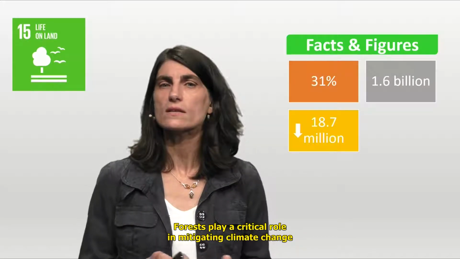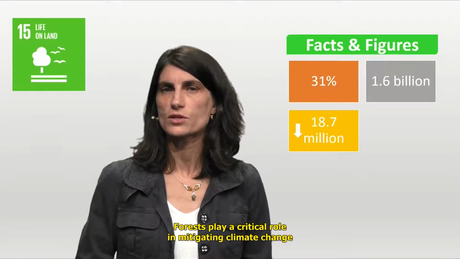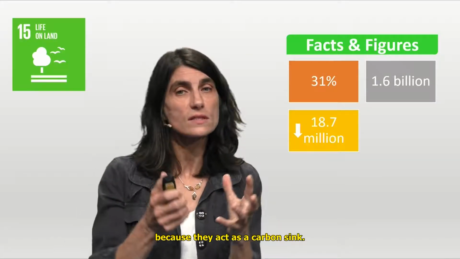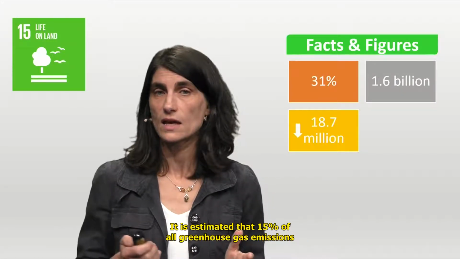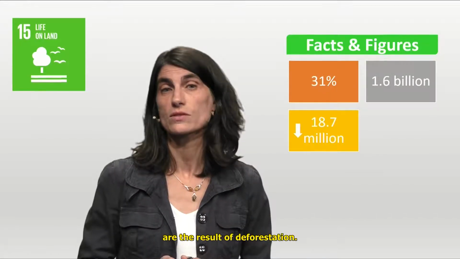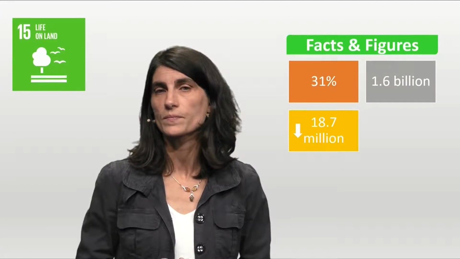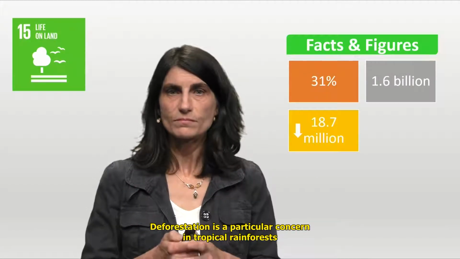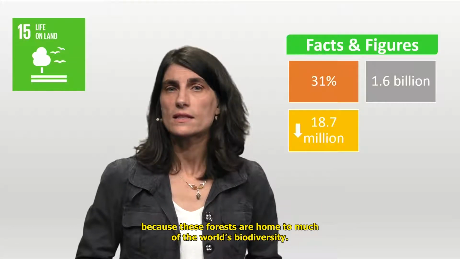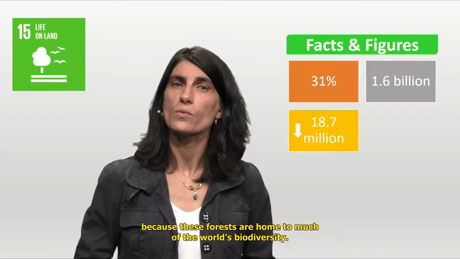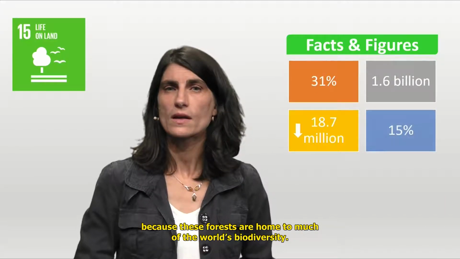Forests play a critical role in mitigating climate change because they act as a carbon sink. It is estimated that 15% of all greenhouse gas emissions are the result of deforestation. Deforestation is a particular concern in tropical rainforests because these forests are home to much of the world's biodiversity.